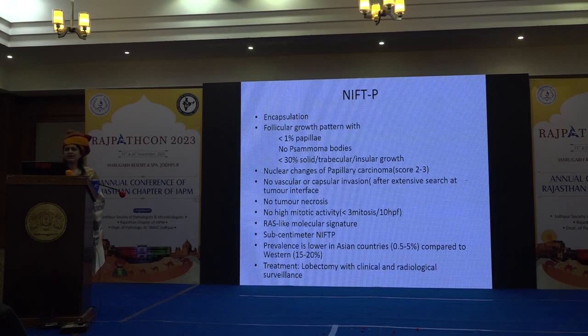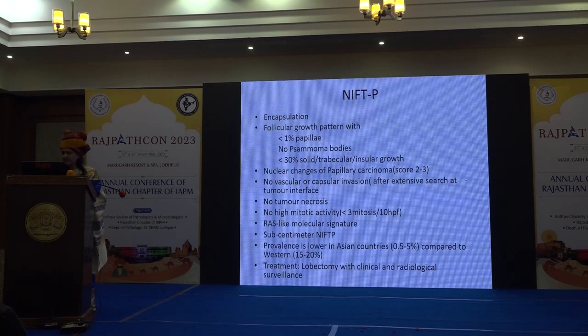So you have to remember, you have to see the papillary architecture as well as the papillary-like nuclear features to call it papillary. But if you see a follicular pattern, it may show the nuclear features of papillary, but it is not papillary because the molecular signature is different. And that is the reason we divide this entity into a different group.